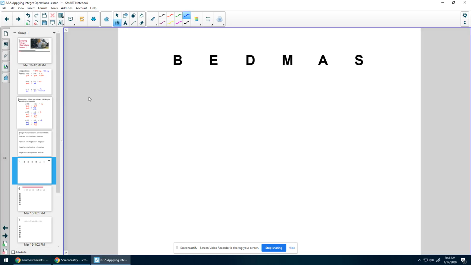Last bit of review here, BEDMAS. Order of operations, otherwise known as BEDMAS. So to start off, we're going to label each of these. What does the B stand for? Brackets. Then we have exponents.